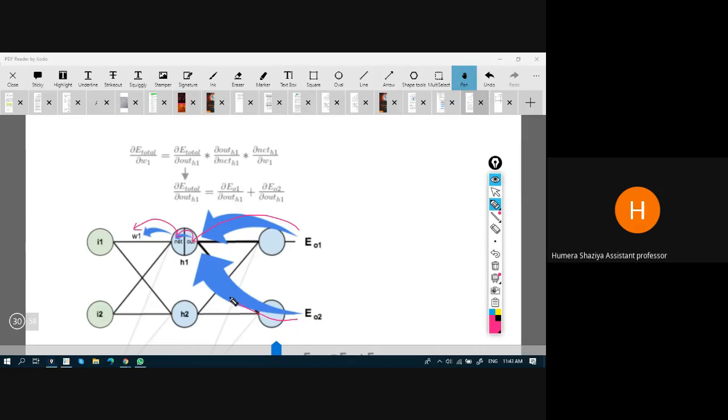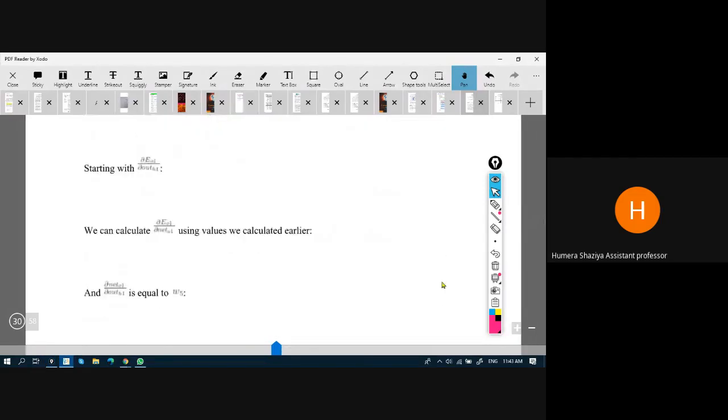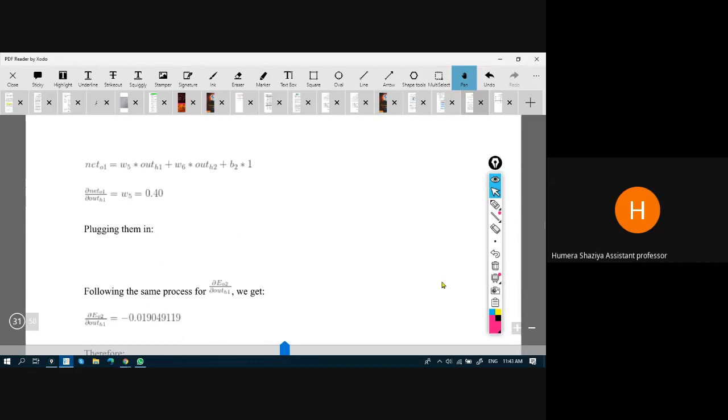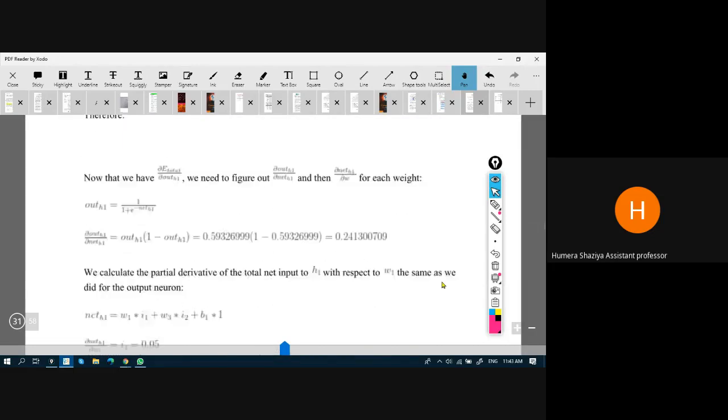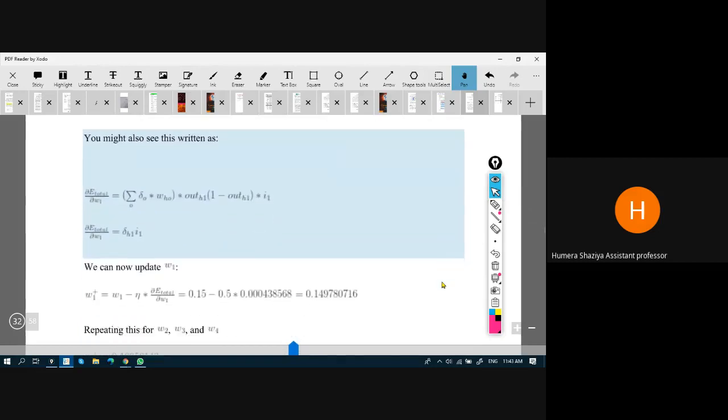And O1 to out H1, then net H1, then W. So this calculation has to be done for every weight on every path.